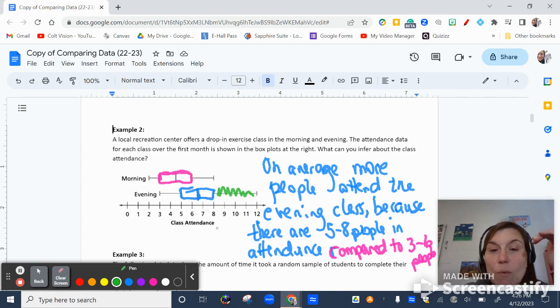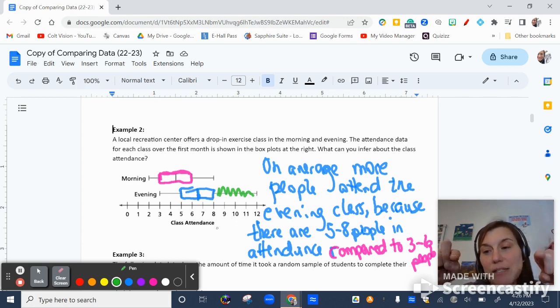So I want you to notice that when we make the comparison, we don't just compare the extremes. We don't compare the max with the max or compare the mins. Okay, even though that seems like an easy way to compare, be careful not to do that. You always want to use the center to compare. You want to use the center to compare which one's more than the other, and you want to use the ends to compare how spread out it is.